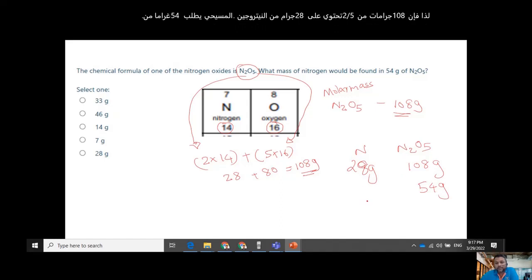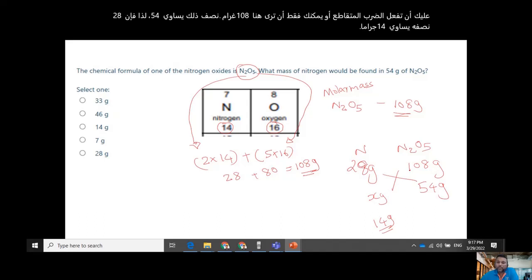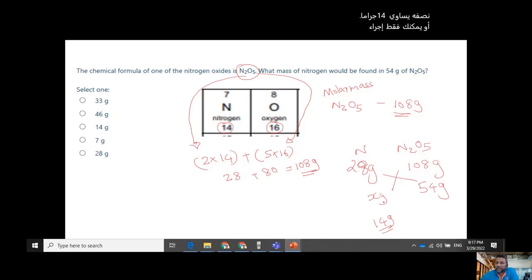What would be the mass of nitrogen? You can do cross multiplication, or you can just see here 108 grams, half of that is 54. So 28, half of that is 14 grams. Or you can just do a cross multiplication here. 108 times x is equal to 28 times 54. So x will be 14 grams. So the answer here is 14 grams.